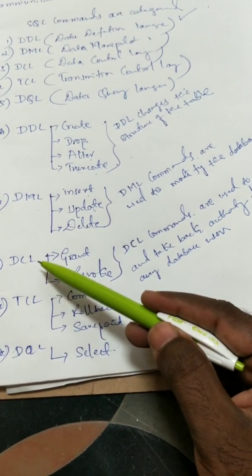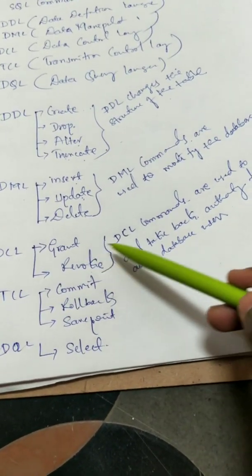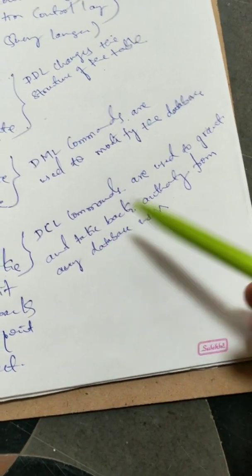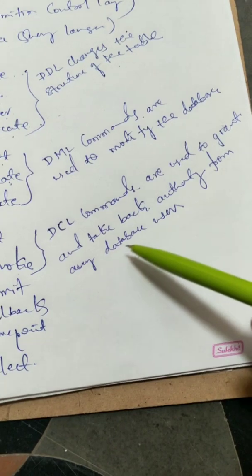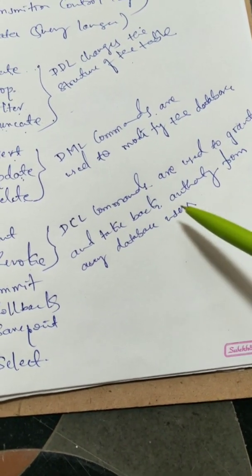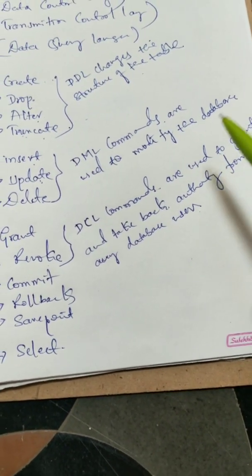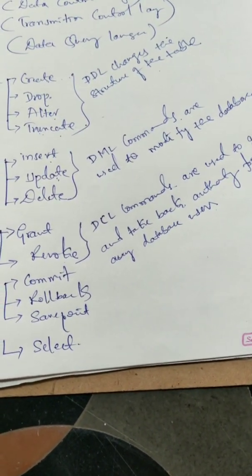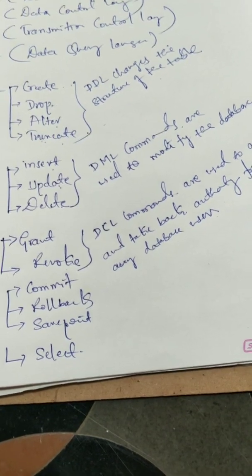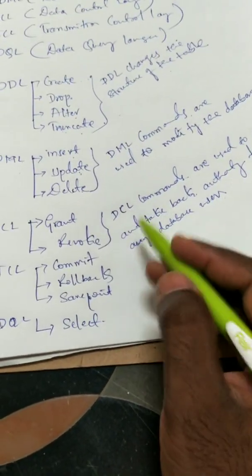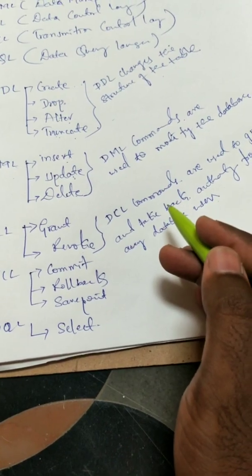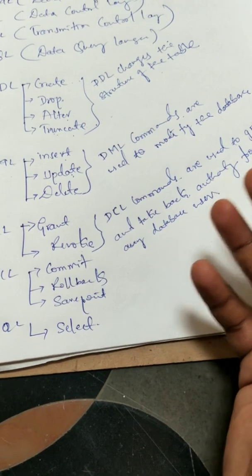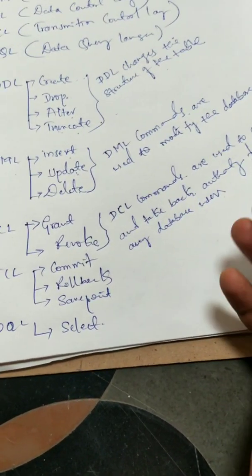So these two commands are used to grant and take back authority from any database user. It is just like a user permission. Suppose we have created one table in the database, and in that table you have some very important information like a password or other values.